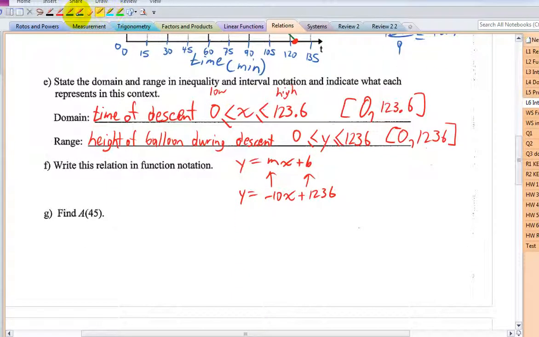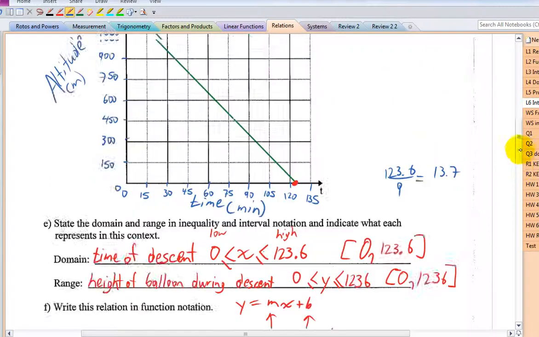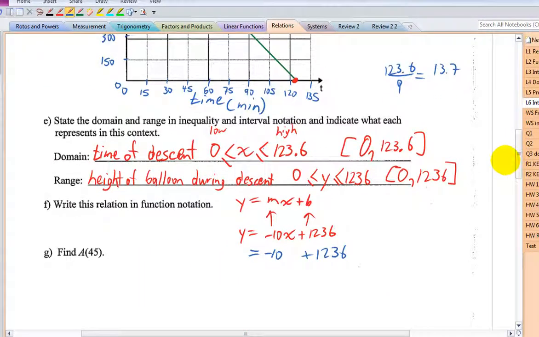Okay. So now what you want to do is change your letters y and x, please. Change it to the letters that we're using. So what's our vertical letter? Altitude. And what's the other letter on the other axis? Time.